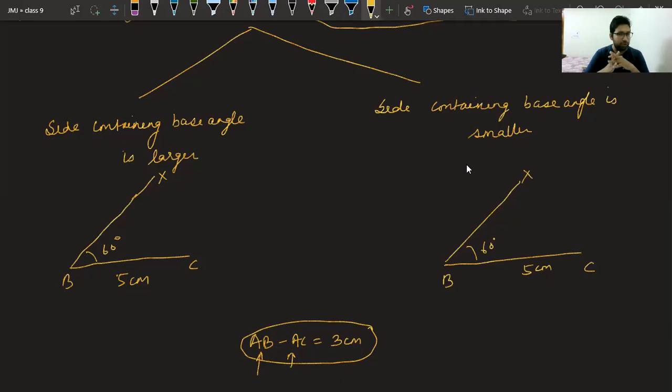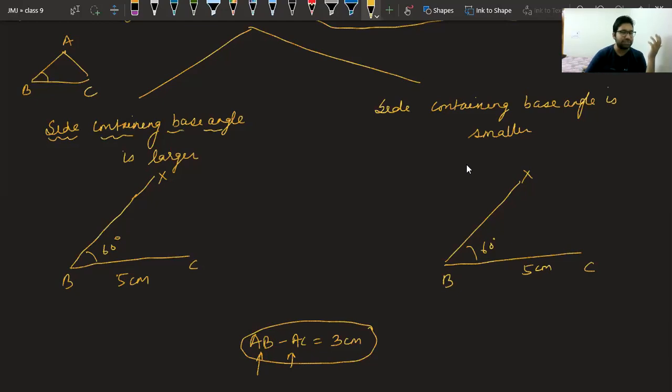Yes, good. Obviously, we know in subtraction, the one with the larger magnitude will come first. So obviously, AB has more magnitude than AC. Now, the diagram of triangle ABC looks like this, class. Can we say which side is the side containing the base angle?